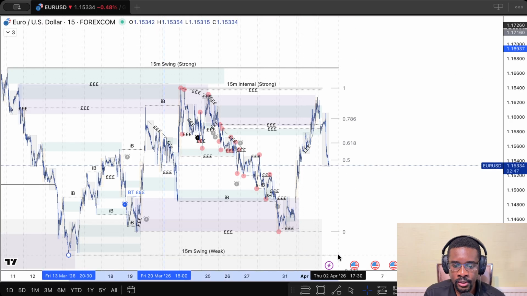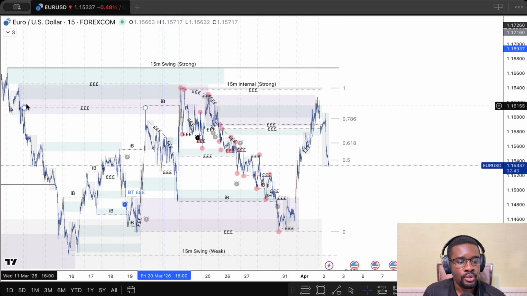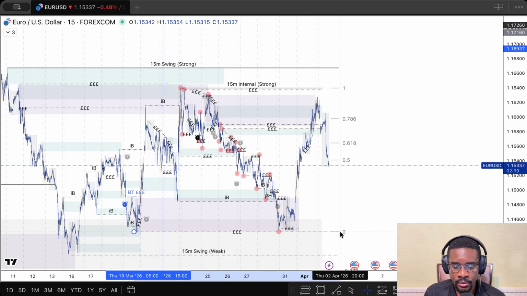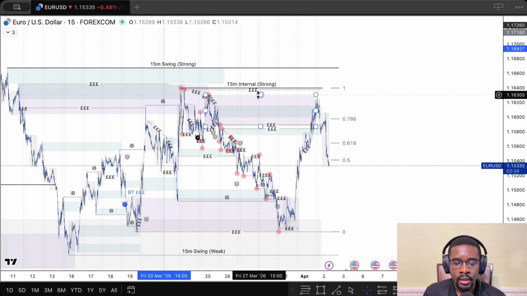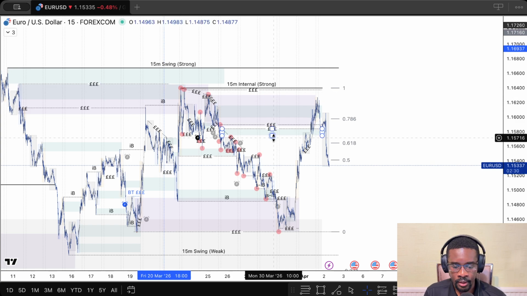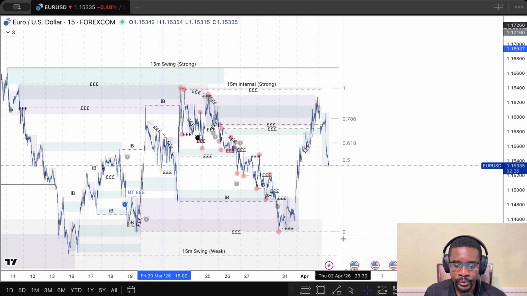It has not been violated, so we're still bearish. And then internally, this is liquidity that we're targeting, relative equal lows. And this was the swing high, internal high, which has been respected. This is internal low, which is weak.